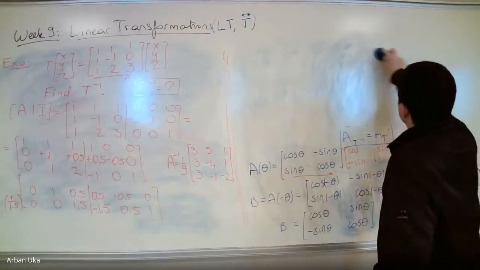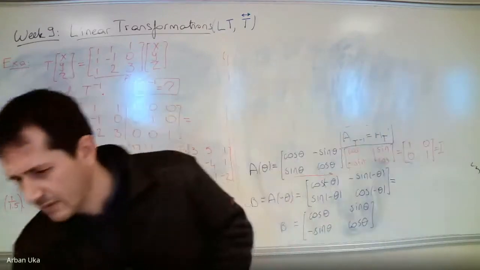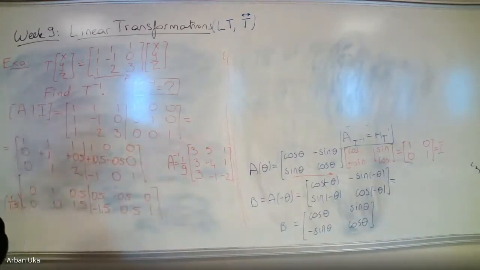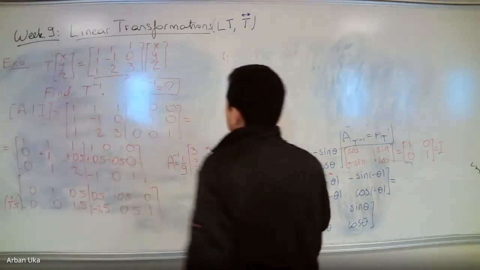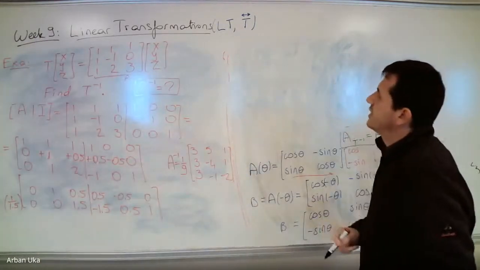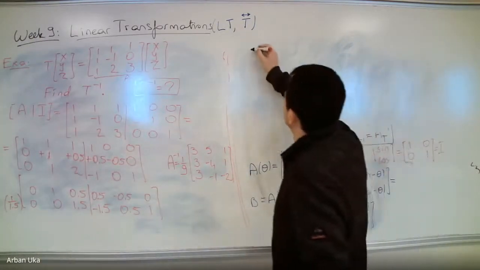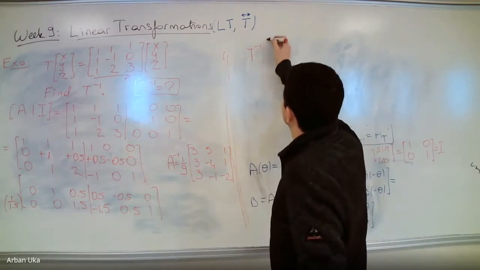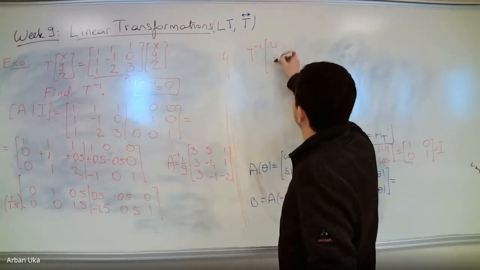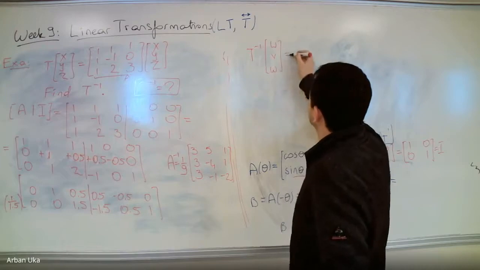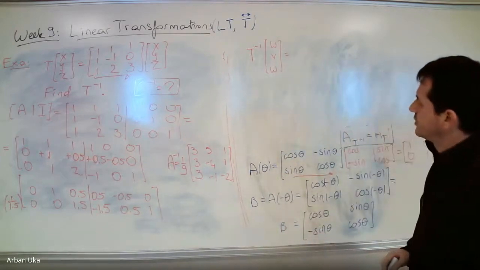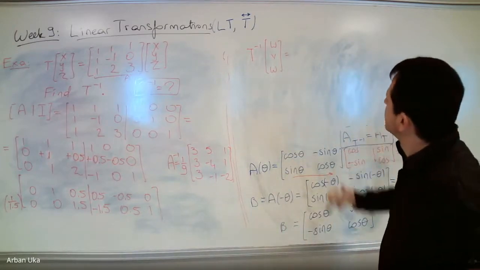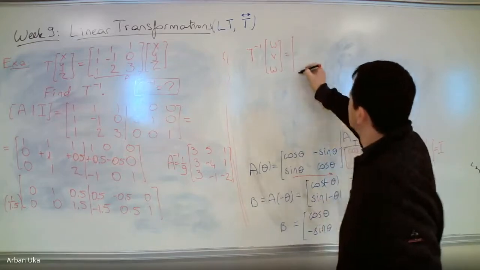We are from the domain of x, y, z, then the inverse T inverse would be applied on u, v, w. If we apply this on u, v, w, the answer is going to be as follows.